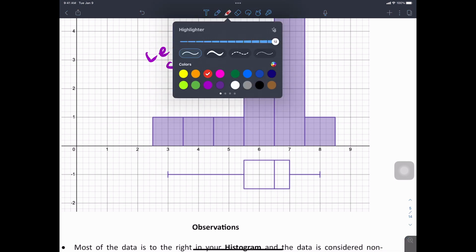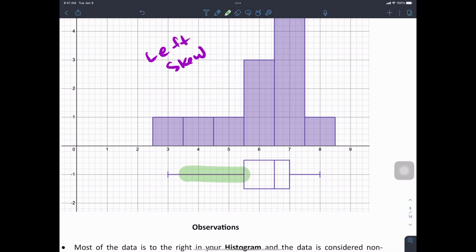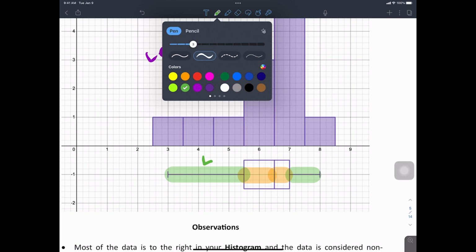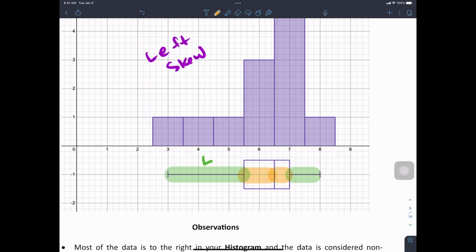Focus on this left whisker in relation to the right whisker. Which whisker is longer, the left or the right? Good job, left. Now focus on the distance between the first quartile and the second quartile, and then the second quartile and the third quartile. Those distances in that picture as well. Which distance is longer? From here to here, which is really up here to where?